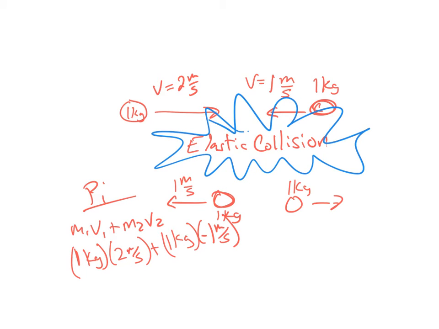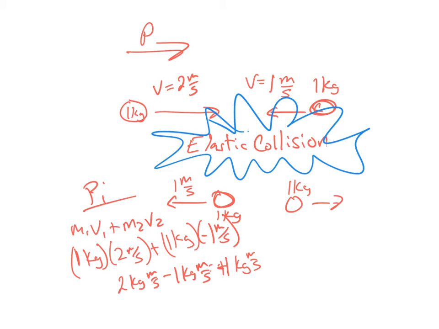Velocity is a vector. So we have 2 kilogram meters per second minus 1 kilogram meter per second. So our total momentum beforehand is 1 kilogram meter per second. So that is a positive value, which means the total momentum is to the right.